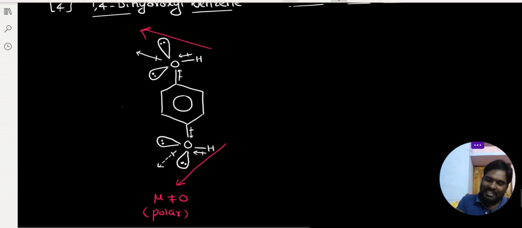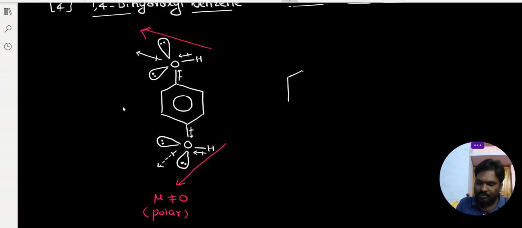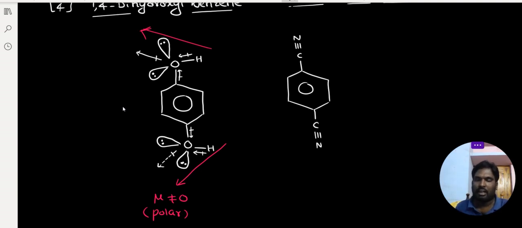Now coming to 1,4 dicyanobenzene, a very important application, asked so many times in NEET and JEE. 1,4 dicyanobenzene, opposite positions, 1,4 para.